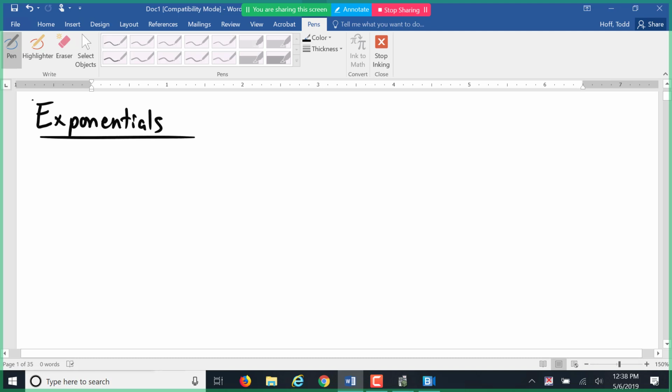When we talk about exponentials, before we dive into the functions, we should talk a little bit about exponents and exponentials themselves. We've done a lot of work with radicals, which are the inverse of exponentials, breaking them down and renaming them. With a radical, we took something like the square root of 20.